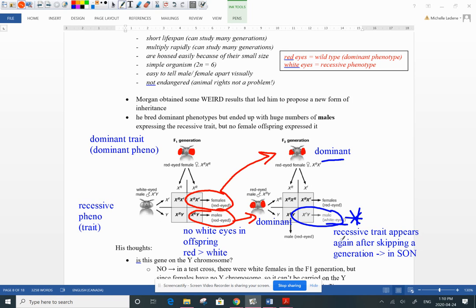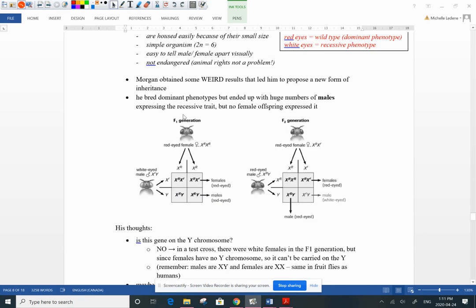He got some white-eyed males, but it was only the sons, only the males. Nobody in the F1 had white eyes. The recessive skipped a generation and showed up again in the F2. So the grandkids were having some white eyes, and we did not see that at all in our offspring generation.